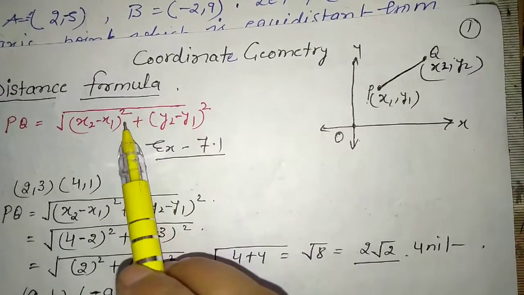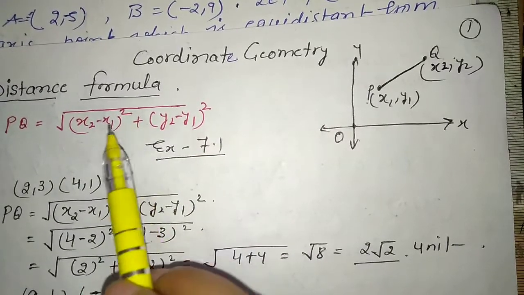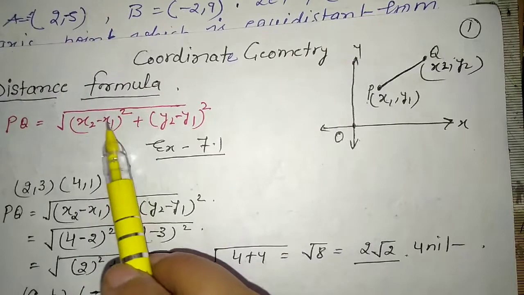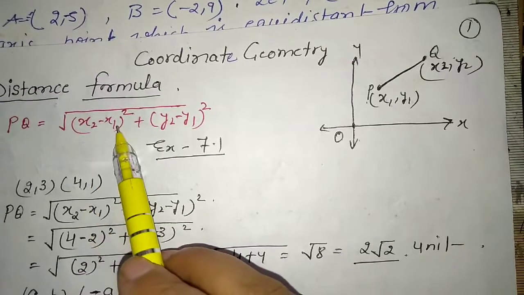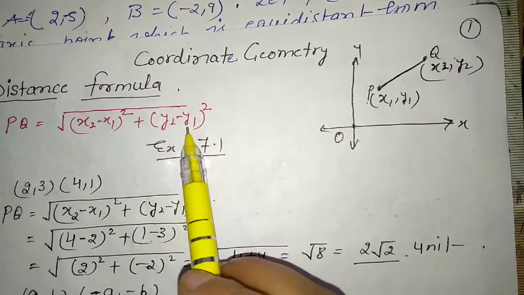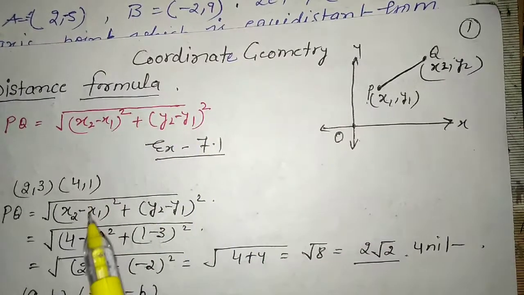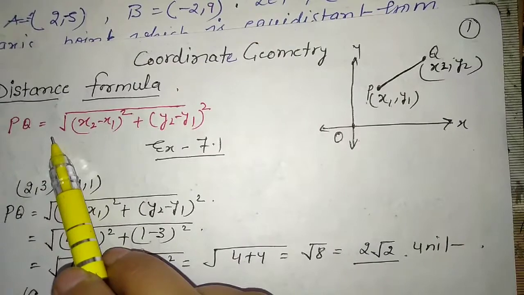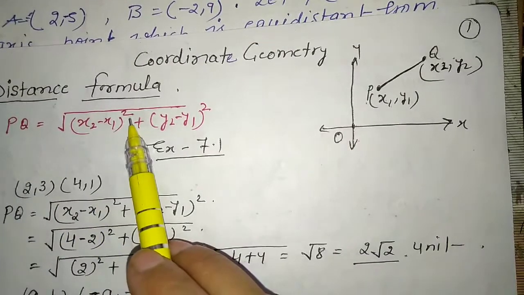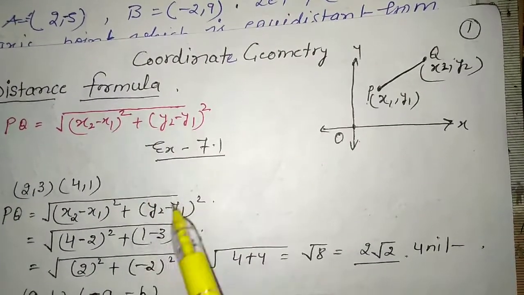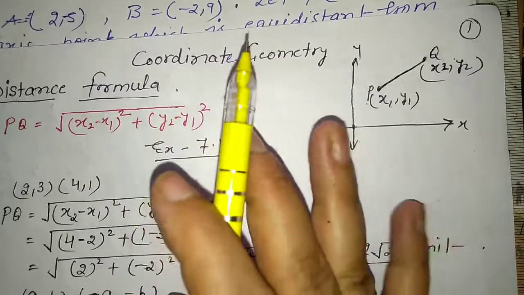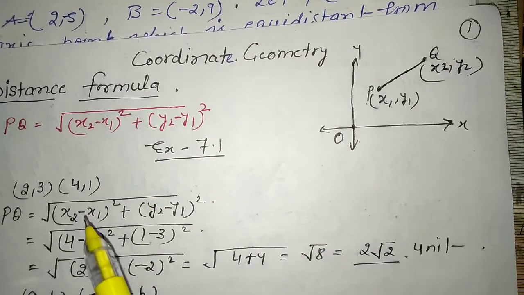Because of the square, we can change the order also. Write x1 first and x2 later, y1 first and y2 later, it doesn't matter, because of the square it will remain positive. So PQ is equal to the square root of x2 minus x1 whole square plus y2 minus y1 whole square. This is the only formula for the first exercise.